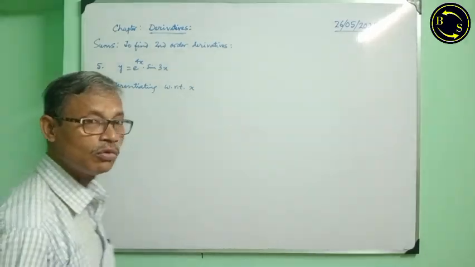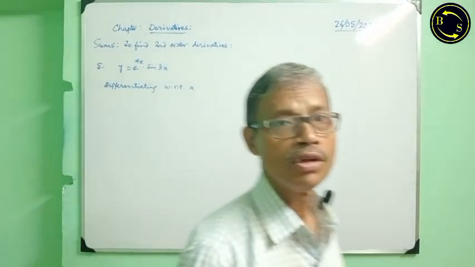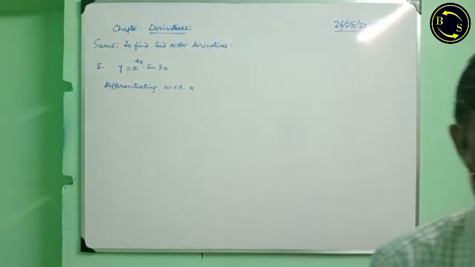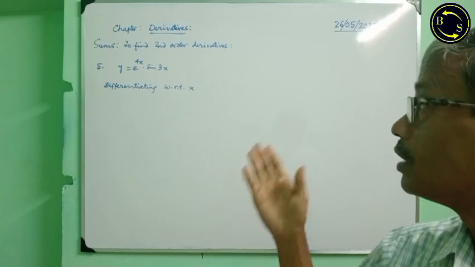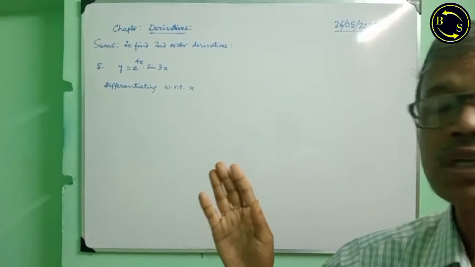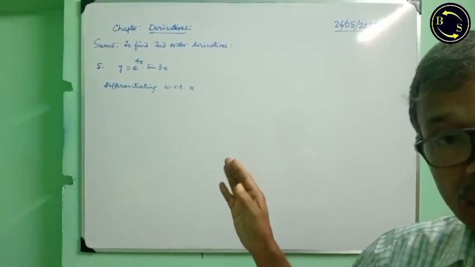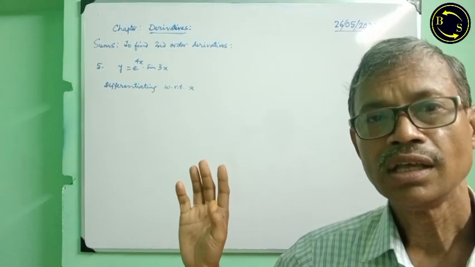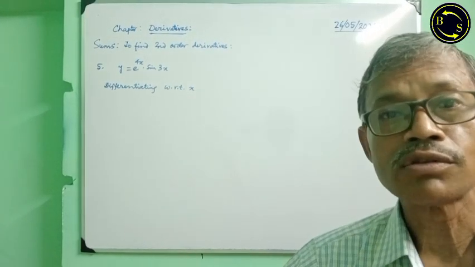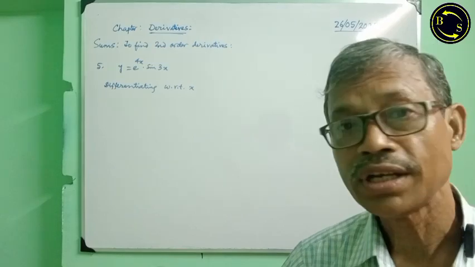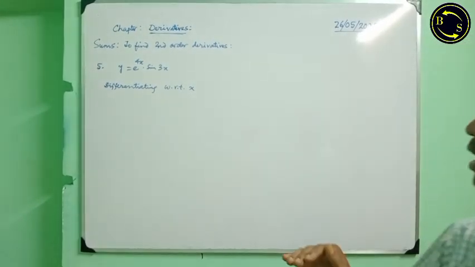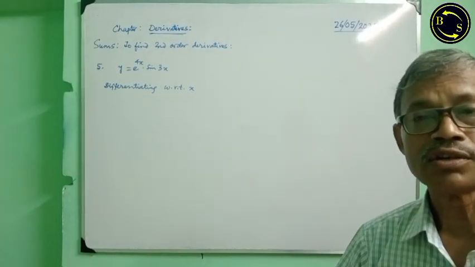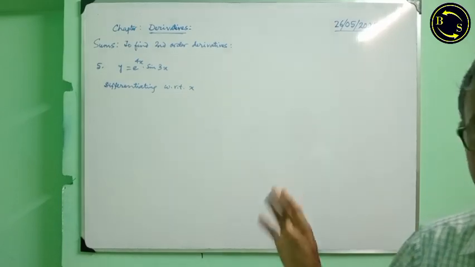My suggestion to the learner or students, while you are solving such type of sums, you mention that statement, differentiating with respect to x. Actually, this is not so called an ordinary operation. That is why my suggestion to you, better you mention this.